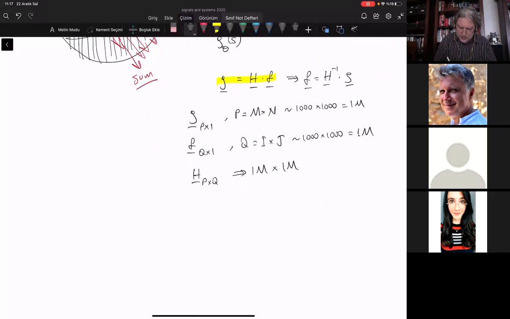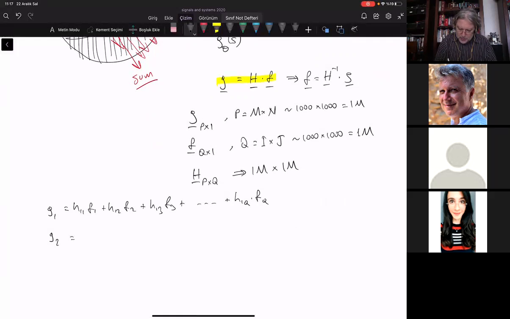For instance, the first element of G, let's call it G1, is equal to H11 times F1 plus H12 times F2 plus H13 times F3 plus all the way up to H1Q times FQ.